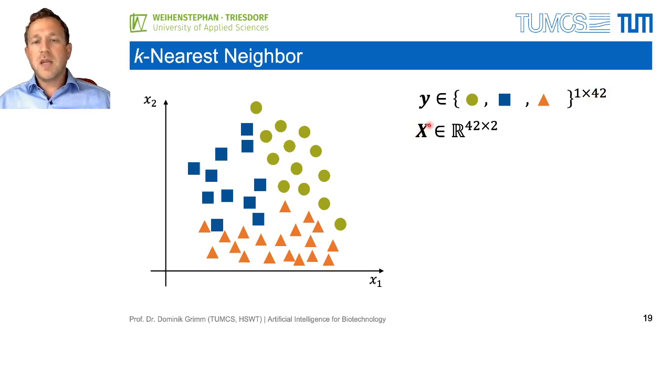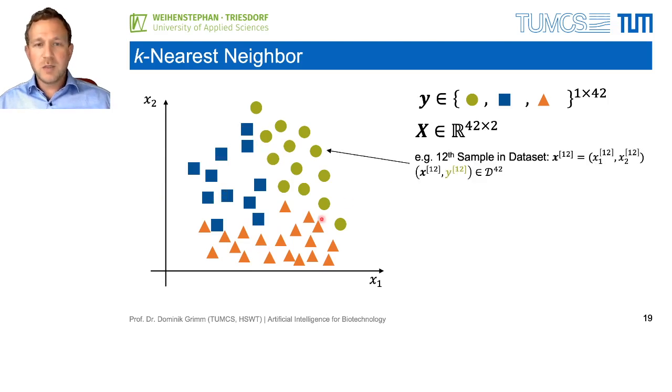So our data matrix X is an element of R, 42 samples times 2 features. So we have the features X1 and X2. For these 42 samples, we measure 2 features, and these are illustrated in this scatter plot.